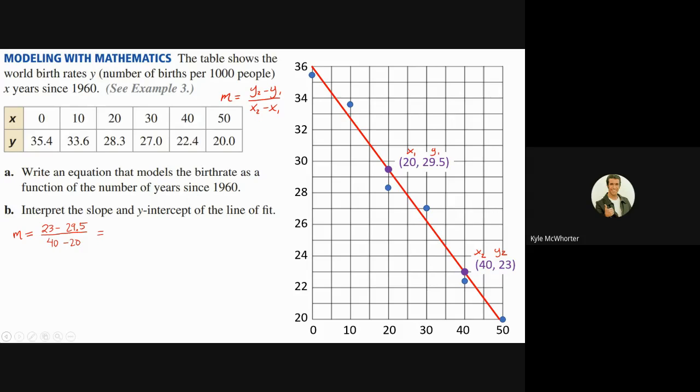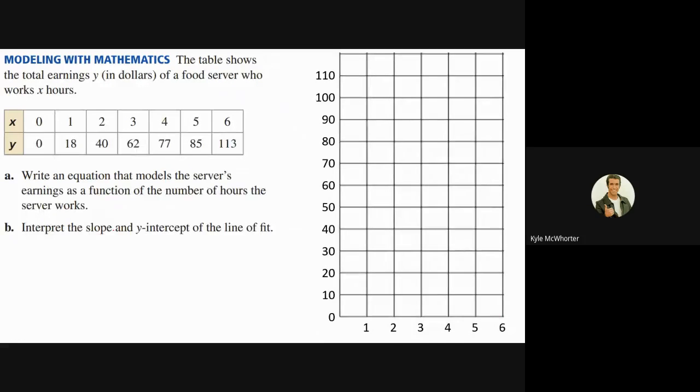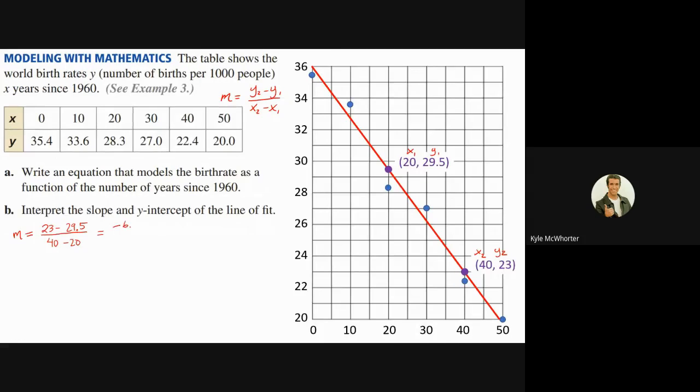All right. So now 23 minus 29.5 is negative 6.5. And then 40 minus 20 is 20.